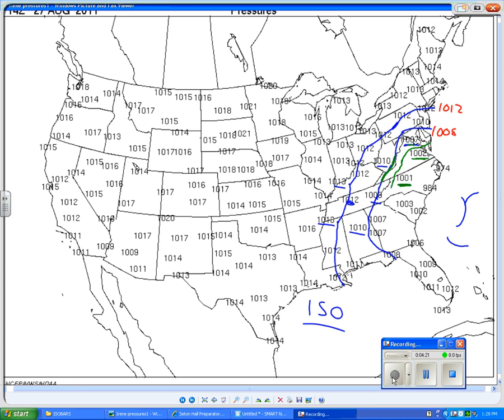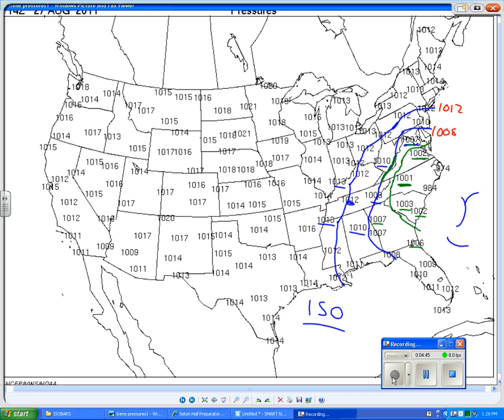And keep following this down as we interpolate this line. 1003, 1007, we know that 1004 has to be a little bit closer to those. 1006 and 1002. We know that 1004 is right between those. And now that we ran out of information, we ran this line off the map, and that's perfectly all right.